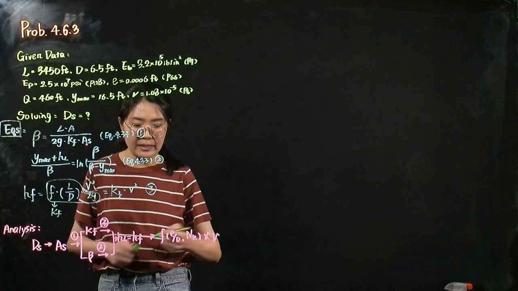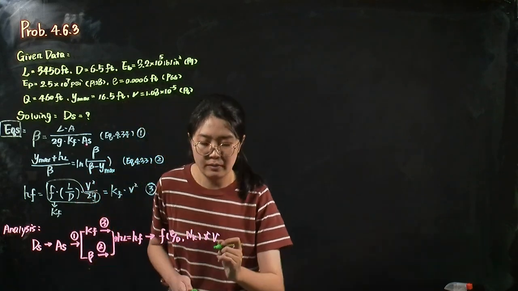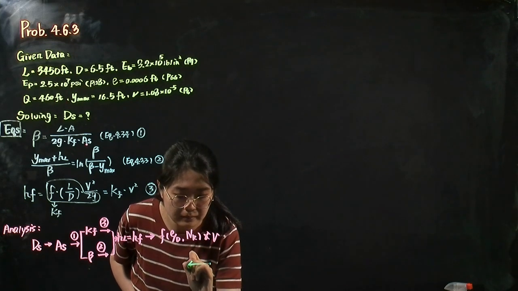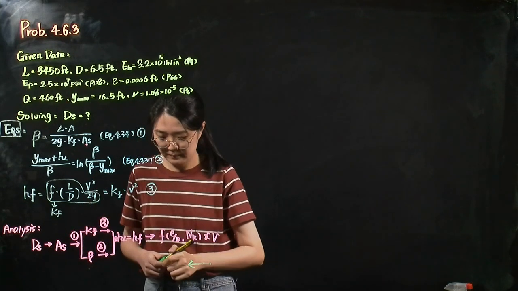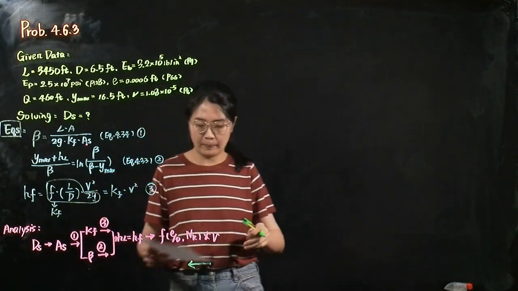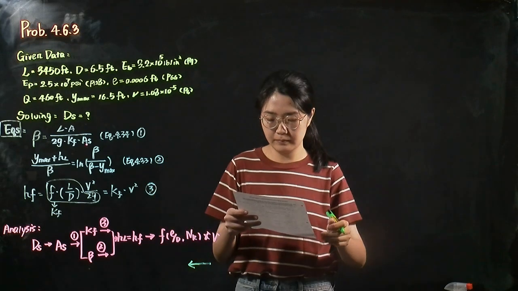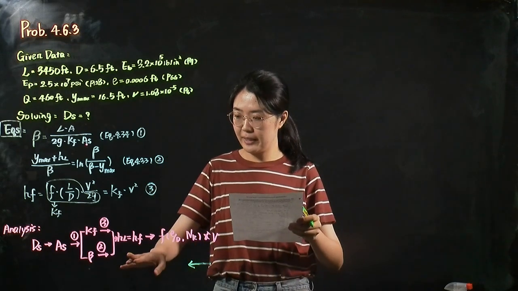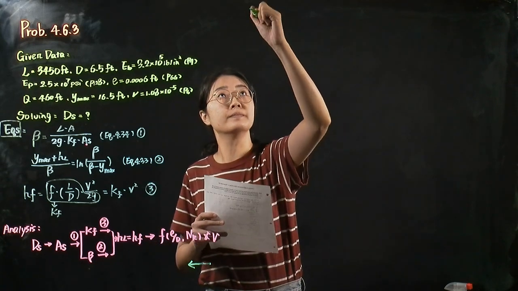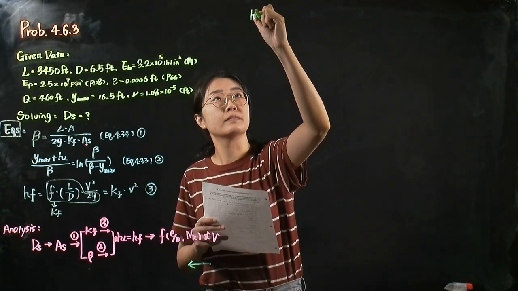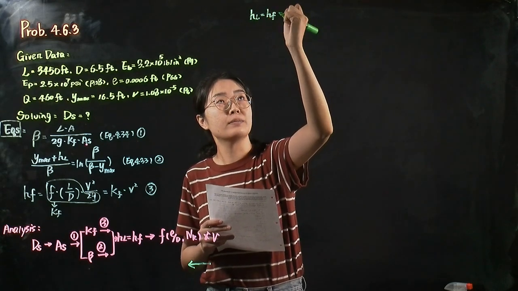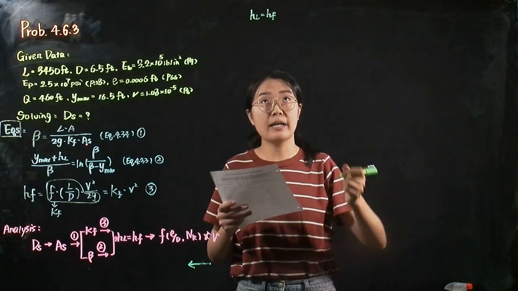Now let's calculate each parameter in the reverse order. Now let's calculate the friction loss. The head loss equals the friction loss because the minor losses are negligible.